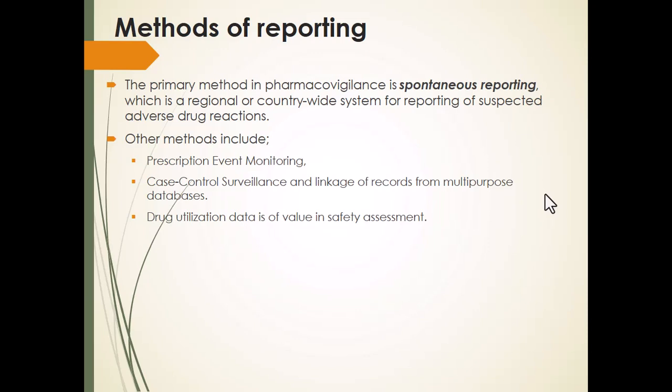So what are the methods of reporting adverse drug reactions? The primary method in pharmacovigilance is spontaneous reporting, which is a regional or countrywide system for reporting of suspected adverse drug reactions. Other methods may include prescription event monitoring, like you're monitoring the prescriptions that you've given to the patients, and you are able to identify or evaluate your patient based on how they are responding.